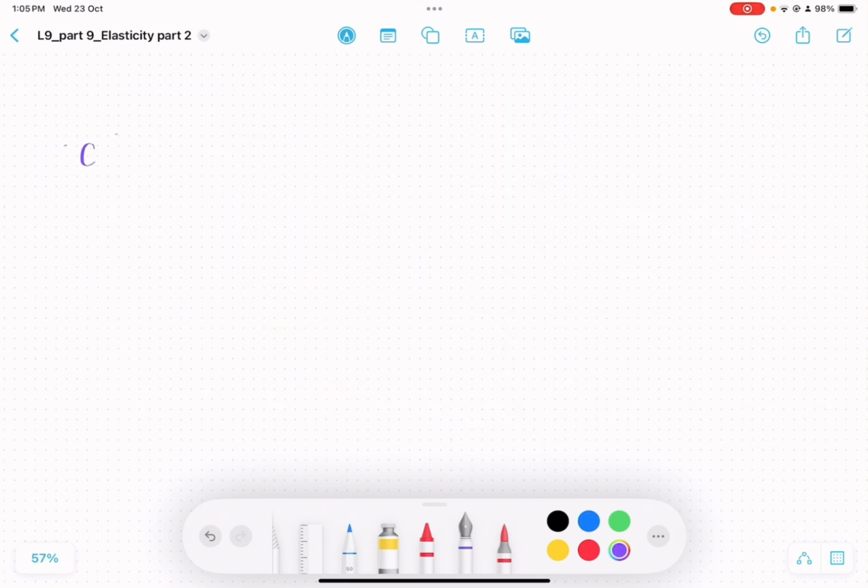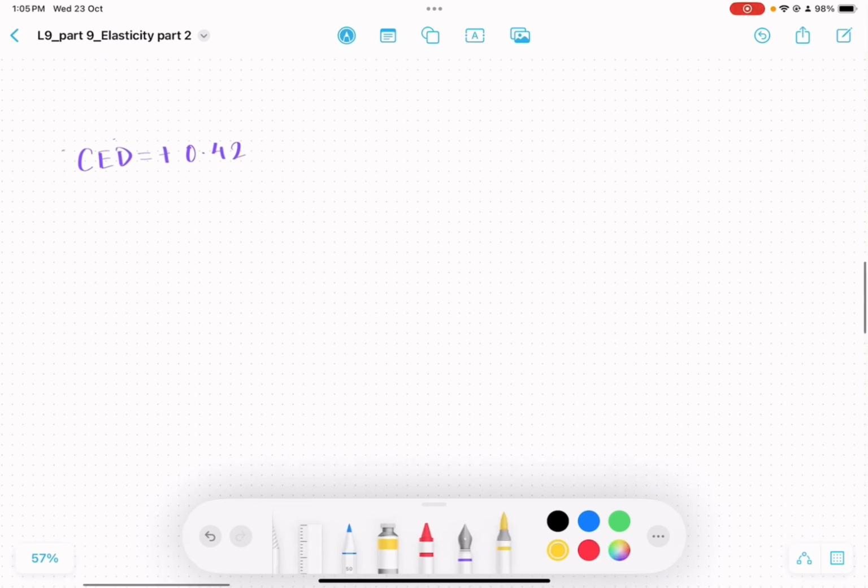So now let's take the alternate case. Let's say you calculate the cross elasticity of demand and it comes out to be plus 0.42. Okay, so as already discussed, this plus sign simply means that we are dealing with substitutes.